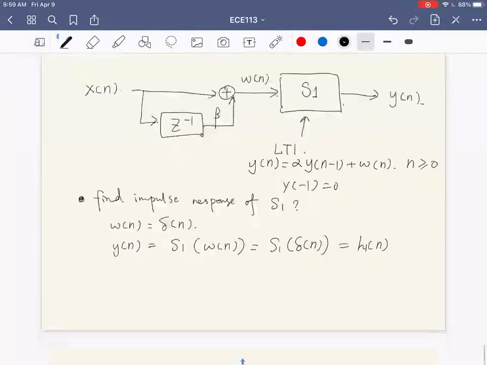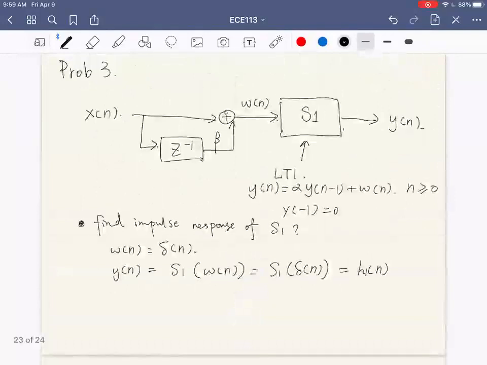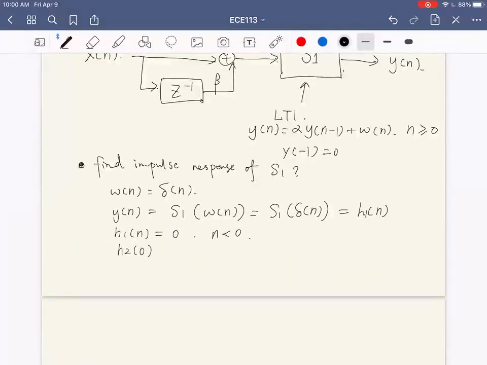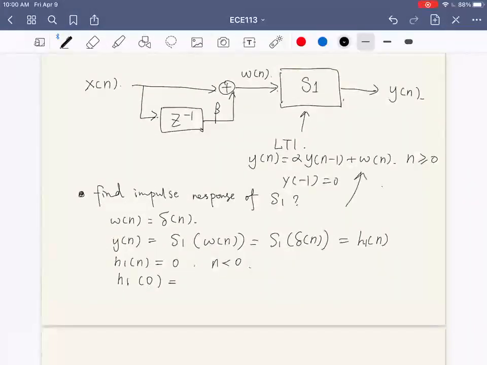Then similar to how we propagated before with the impulse as the input, this is equal to 0 for our negative indexes. This is because y of -1 is 0, right? So h1 of n is always 0 there. And then h1 of 0, let's substitute into this equation and get 1.